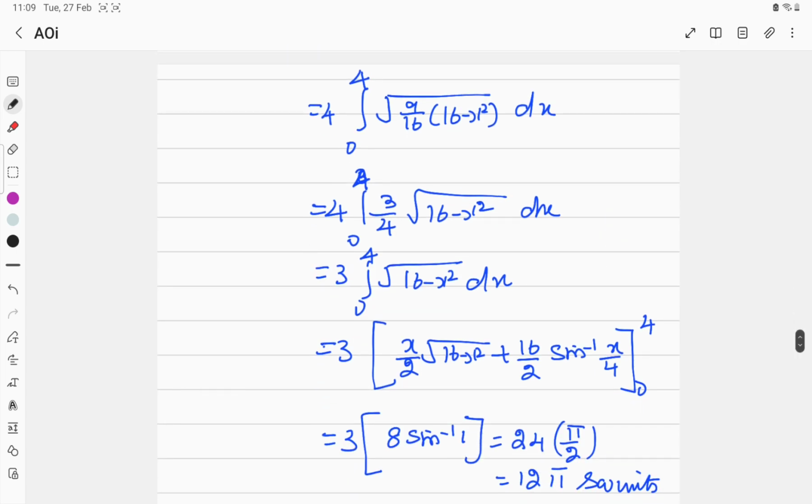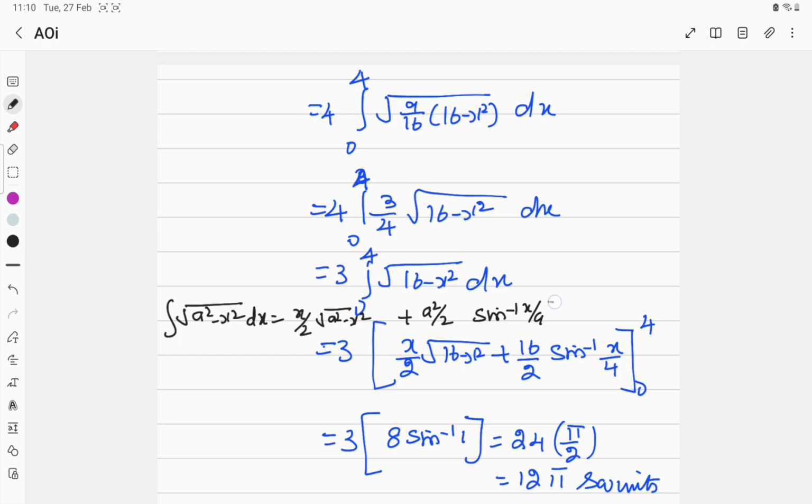Here also this is in the form √(a² − x²) dx, which is equal to (x/2)√(a² − x²) + (a²/2) sin⁻¹(x/a).